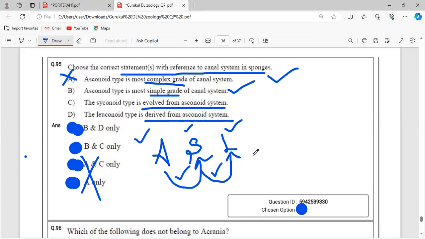If we know this basic difference, you can easily answer this question. So the answer is the sycon type is evolved from the asconoid system. In yesterday's slide, I very clearly said that those poriferans which have the sycon type of canal system, definitely in the larval stages of these particular poriferans, they possess the ascon type. Okay, clear, Shanti, Karunya? So the correct answer will be option 2.